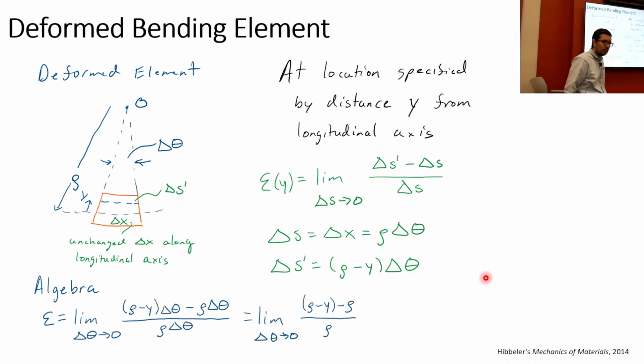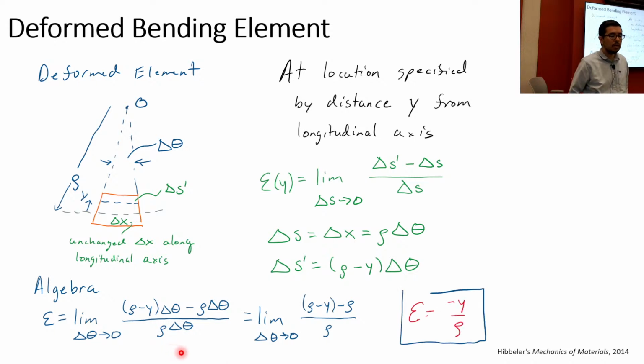So what we do is we substitute this expression into here, substitute this expression up here, substitute this expression here and here, write it all out, do a little algebra, and now we have an expression for strain. It's a pretty simple expression.